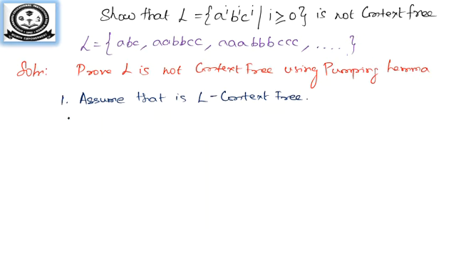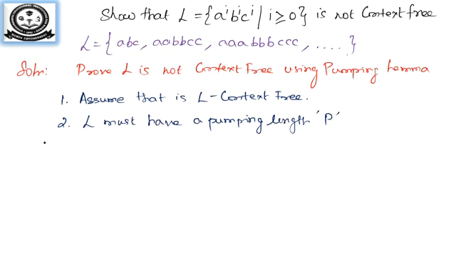If the language is context free, then L must have a pumping length. Let me assume it is going to be P. Now we have to take a string which must be pumped with that length.